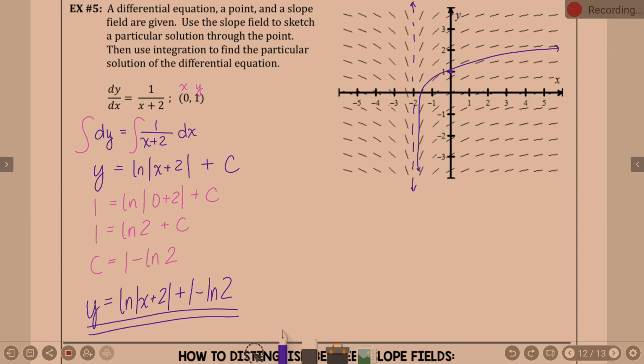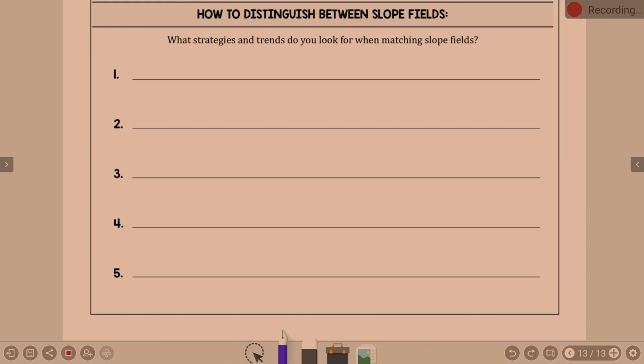Looking at the shapes as to whether you can figure out an integral in there. Looking at the x and y values, whether picking a specific point, or a good technique that often works is if there's just x or just y, looking at how those are going to change.